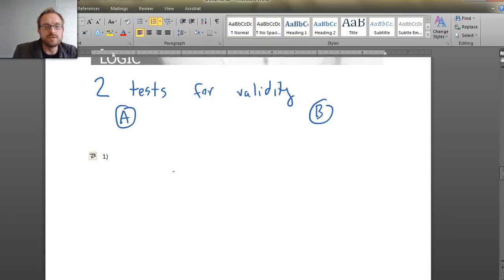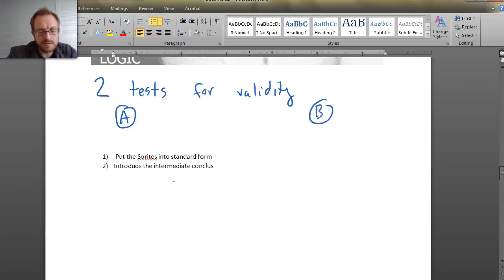The first test for validity: number 1 is to put the Sorites into standard form. These are the steps to test for validity. Once you've put the Sorites into standard form, introduce the intermediate conclusions and premises, and then you test each component for validity.